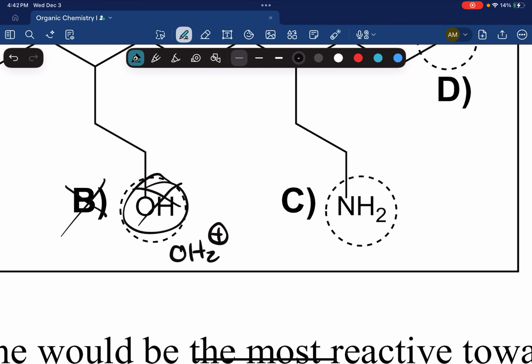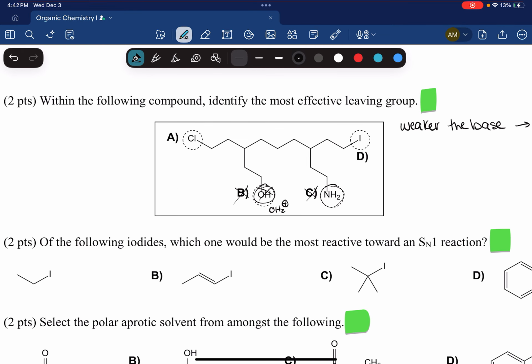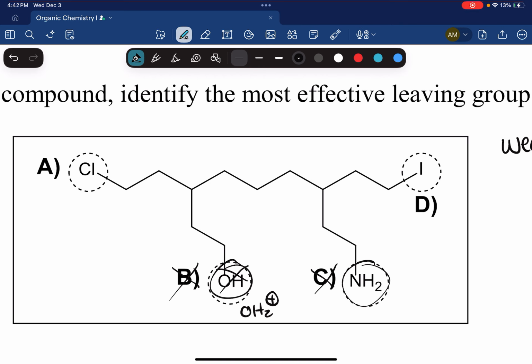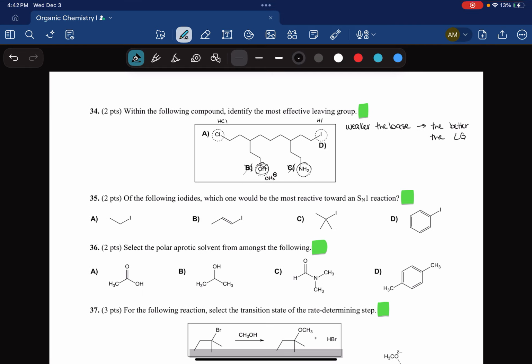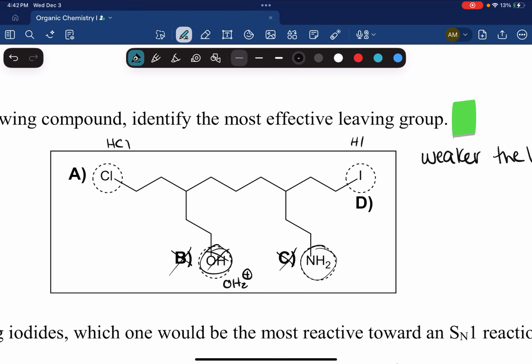NH2, we just talked about how that's a base. Chlorine and iodine are both part of a strong acid, right? Hydrochloric acid and hydroiodic acid. But what is the strongest? Well, I shouldn't say the strongest because they're both strong acids. So now we've got to look at something different, right?